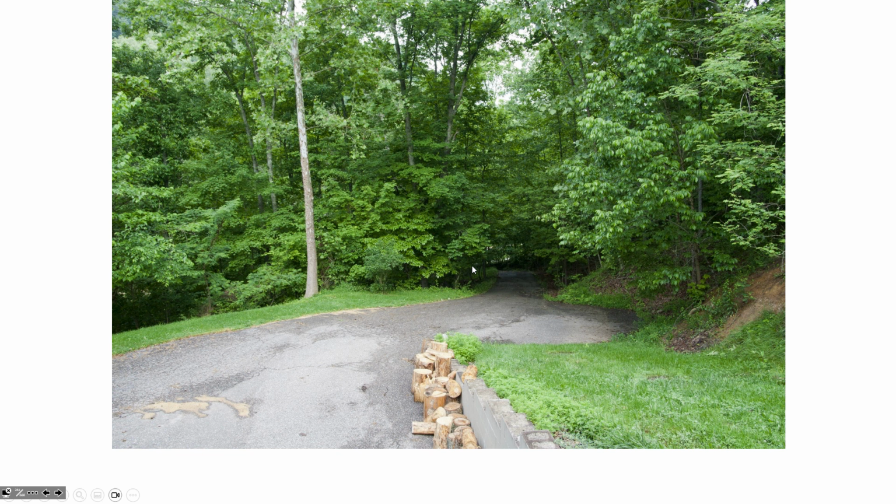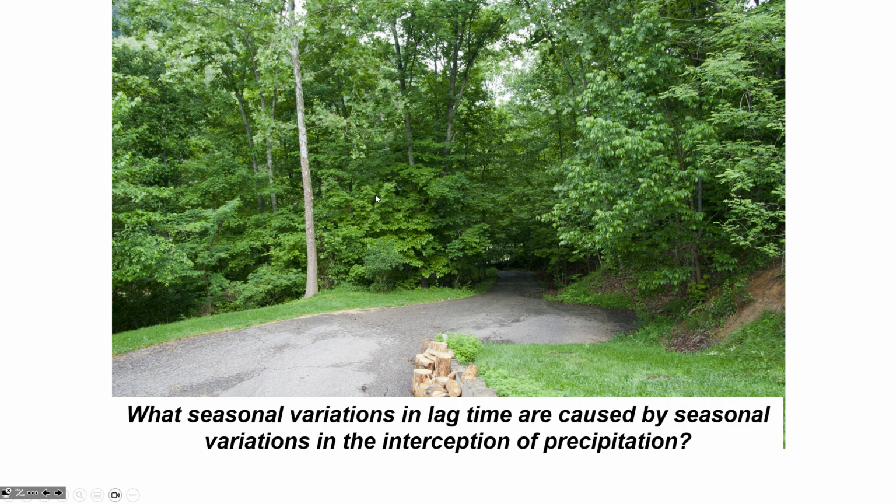So I'm going to show you a table here in a minute, but keep in mind that not all vegetation is the same. And the amount of interception doesn't just depend on the type of vegetation. One of the research projects I've done in previous years is looking at how seasonal variations affect the amount of precipitation that actually contributes to flash flooding.